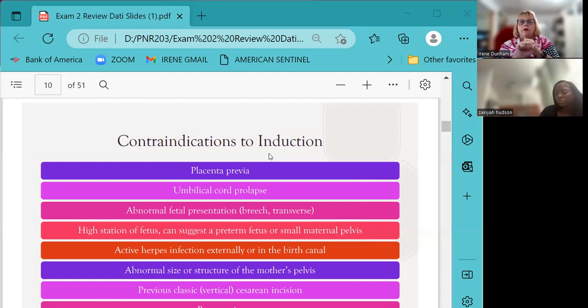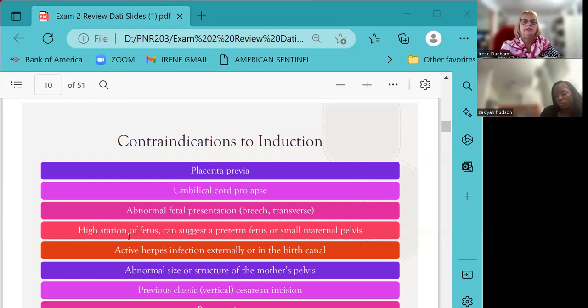You would never want to do an induction on a breech because a breech and a transverse lie will be sectioned. You got a transverse lie, if you think about it, it's lying horizontal in the uterus, and what's coming through a lot of times I see it, it's like a hand, or you can feel the shoulder, and so you would never want to put that baby in an induction.